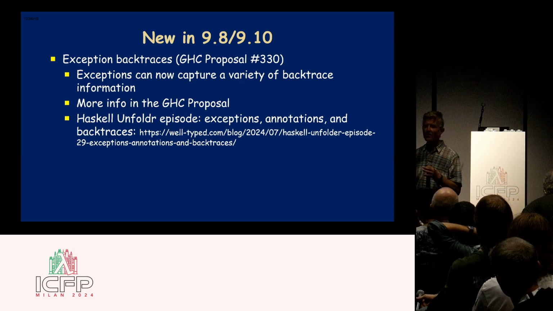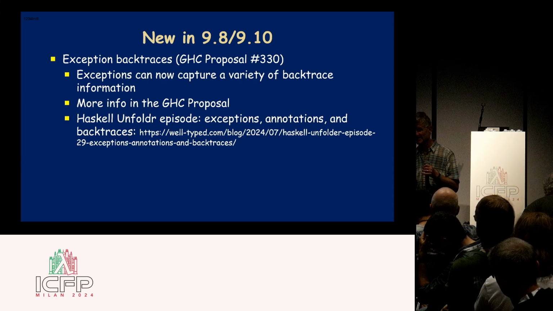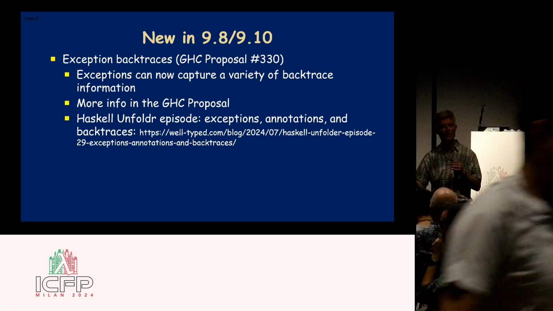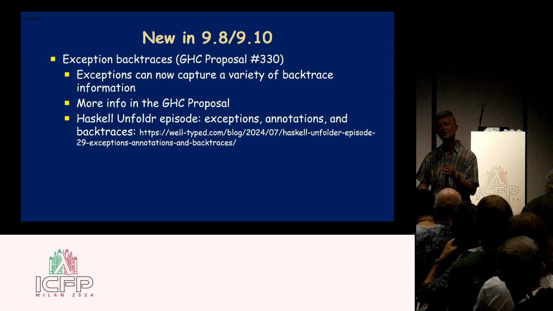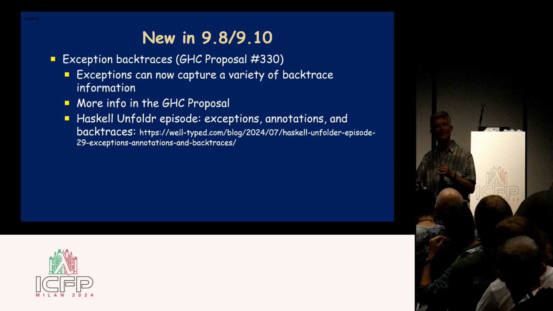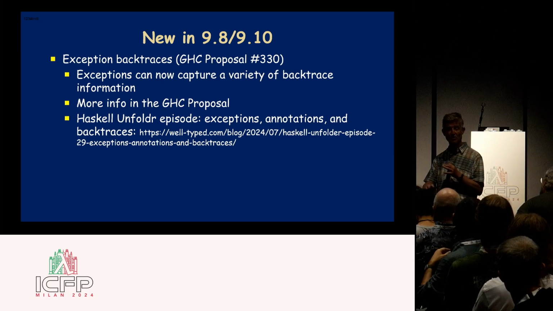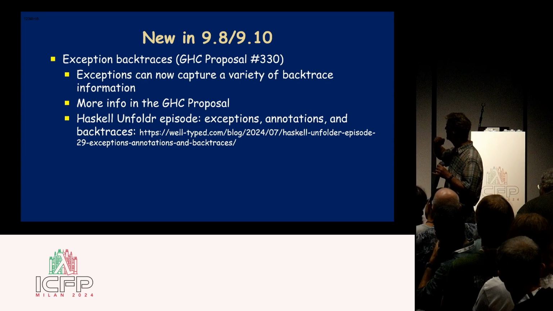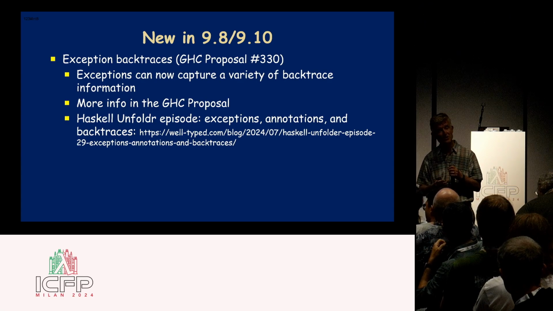The trouble is we have 4 different ways of collecting call stacks or gathering backtraces, and this exception proposal not only lets you choose which way you'd like to use, but also lets you attach user-defined metadata to an exception. So it gives you much richer information about where exceptions were thrown from. It's quite an elaborate proposal. It spent a long time in the making, but it's actually part of 9.10, I think. Ben Gamari is the person who put most work into this, spent a lot of time implementing, so thank you, Ben.